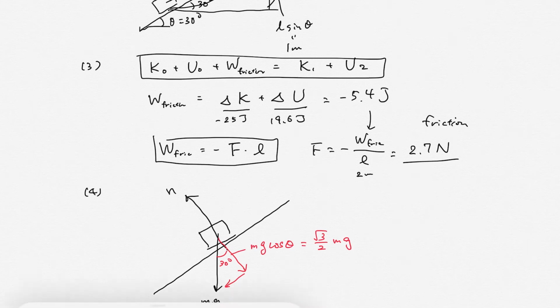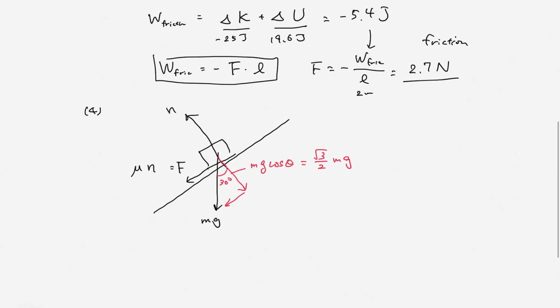Then the frictional force. This frictional force is given by F equals mu times N. So to find the coefficient of kinetic friction, you can find F over N. F over square root 3 over 2 mg.